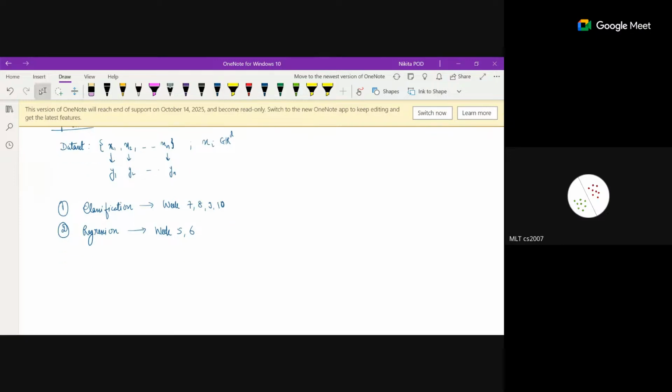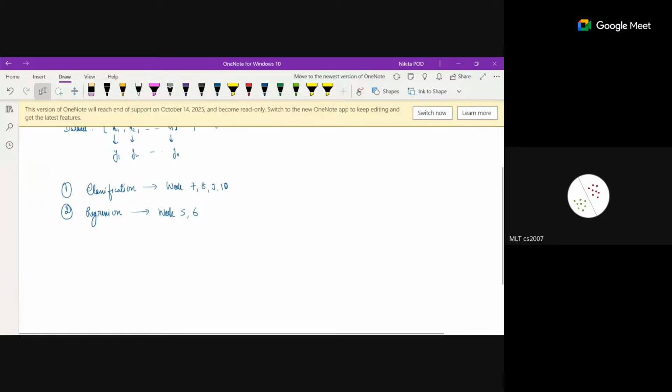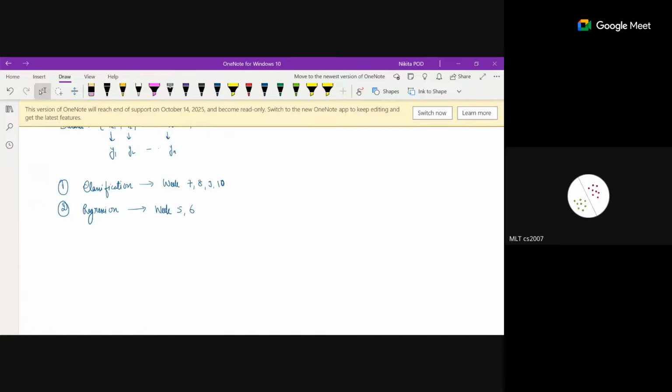Now, coming to the classification problem and the regression problem, what do you understand by a classification problem? If you have certain tasks given to you, your task is basically to classify things into certain groups, say 3 groups, and so on, right?